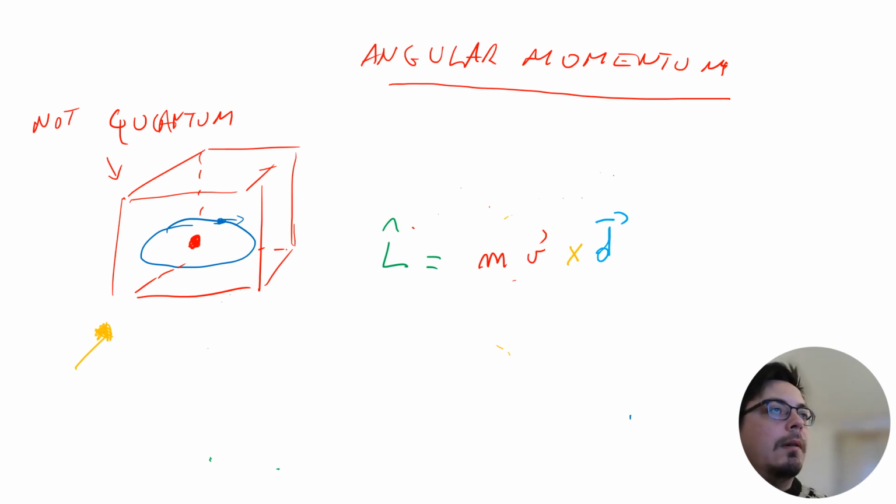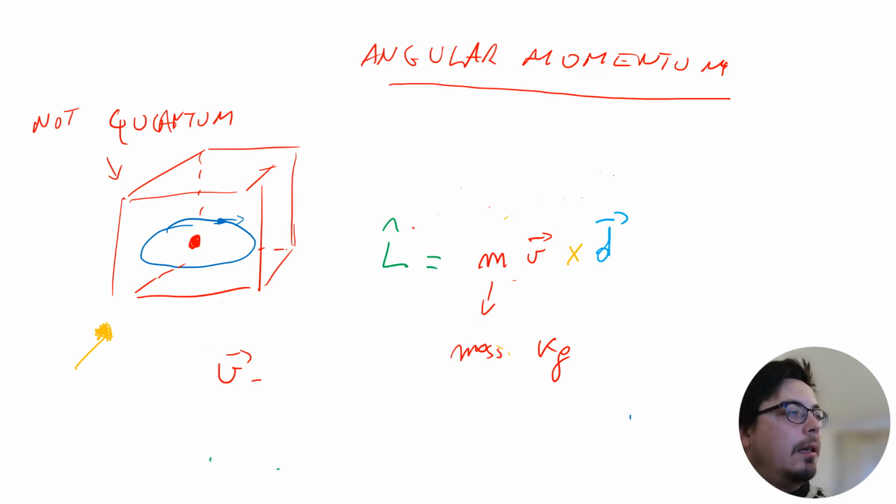So mass, we know that it is mass, usually in kilograms, of the object. Velocity, we know what the velocity is.